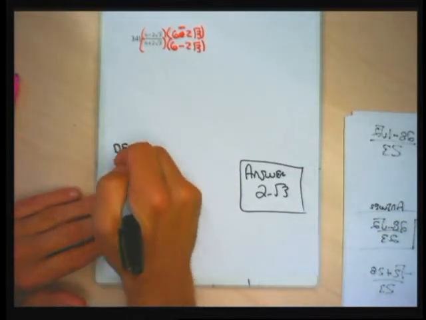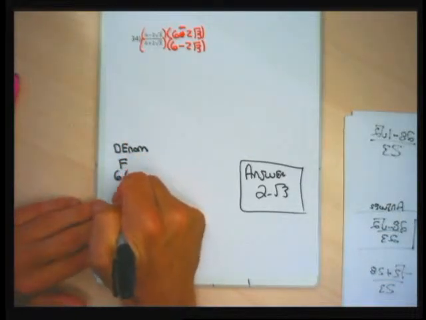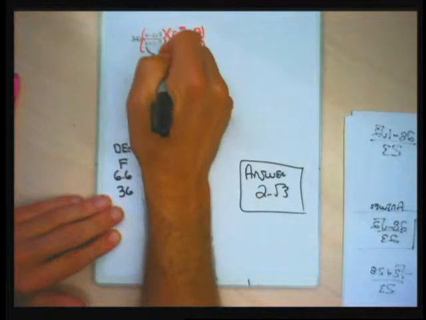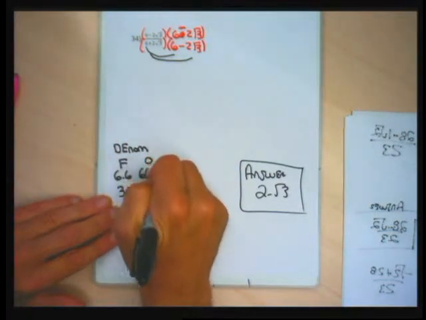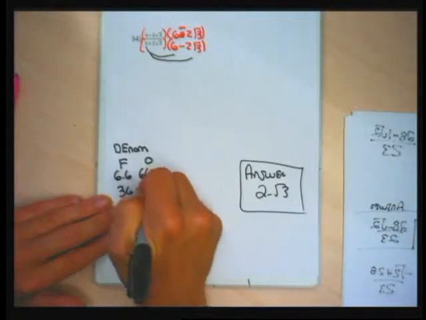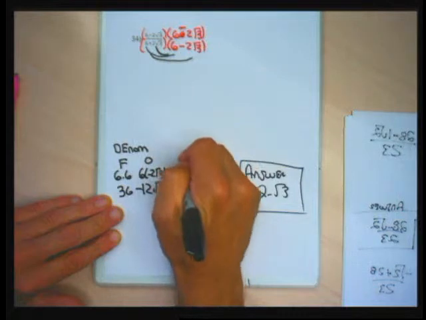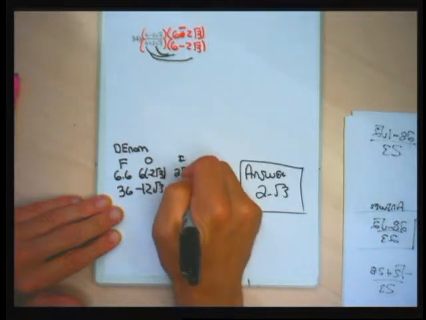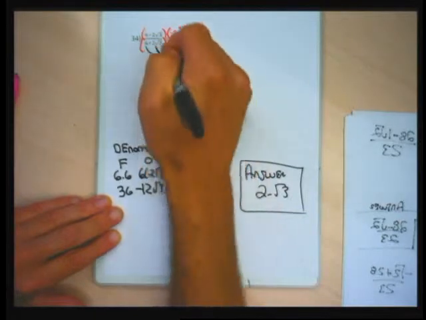So for the denominator, the firsts are 6 times 6, which is 36. The outers are 6 times minus 2 square root of 3, which is minus 12 square root of 3. The inners are 2 square root of 3 times 6, which is plus 12 square root of 3.